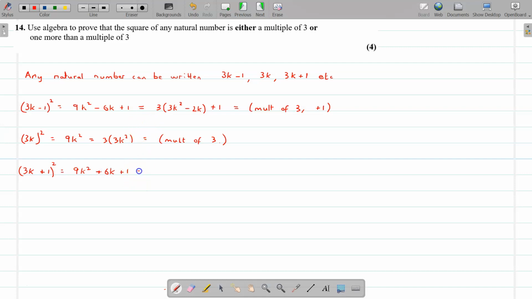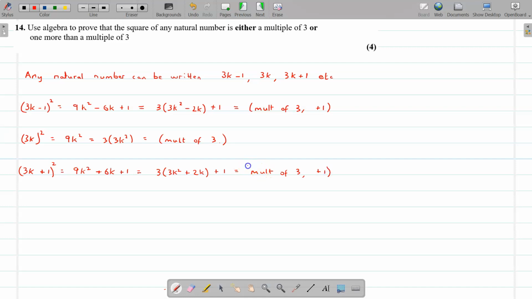That's 3 lots of 3k squared plus 2k, plus 1, which is also a multiple of 3 plus 1.